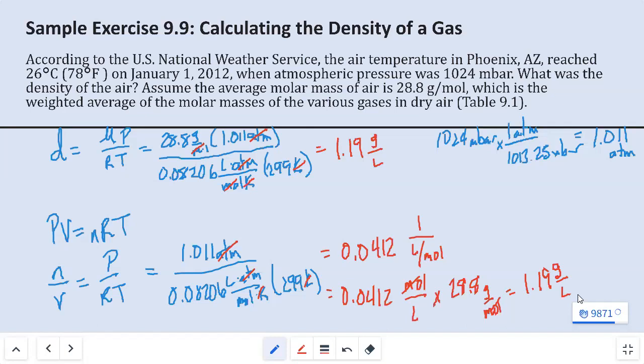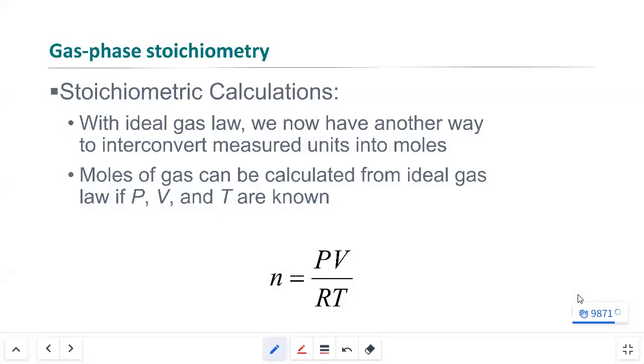And speaking of which, we come to the part that you've all been dreading. How do I interpret and how do I include the ideal gas law into stoichiometry? Because I love stoichiometry so much, how could I possibly not want to use it every way I can?